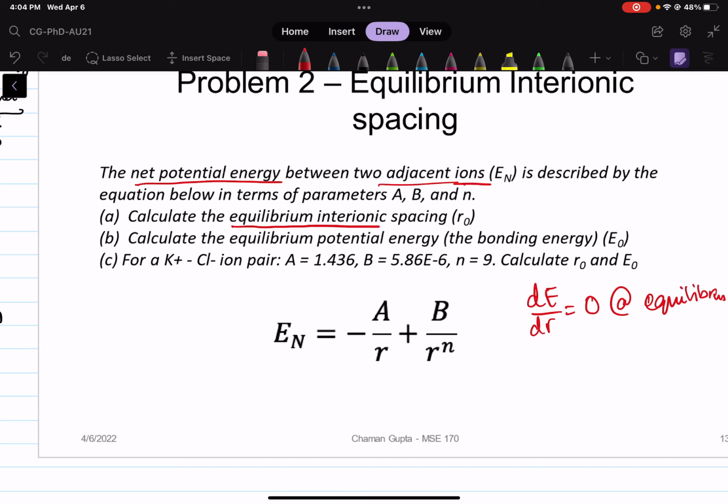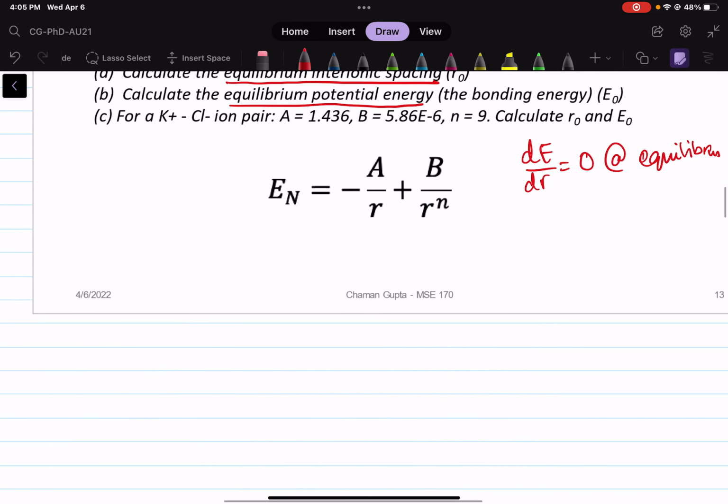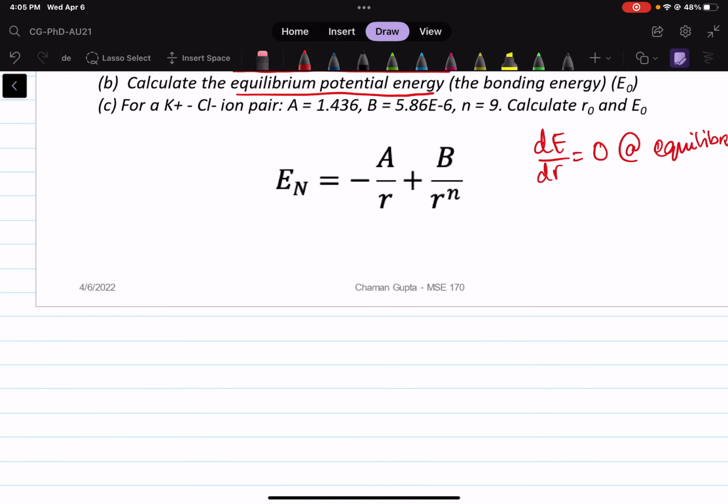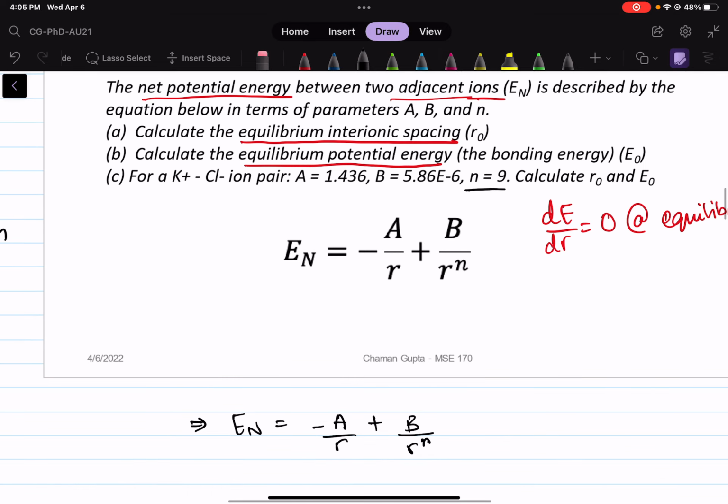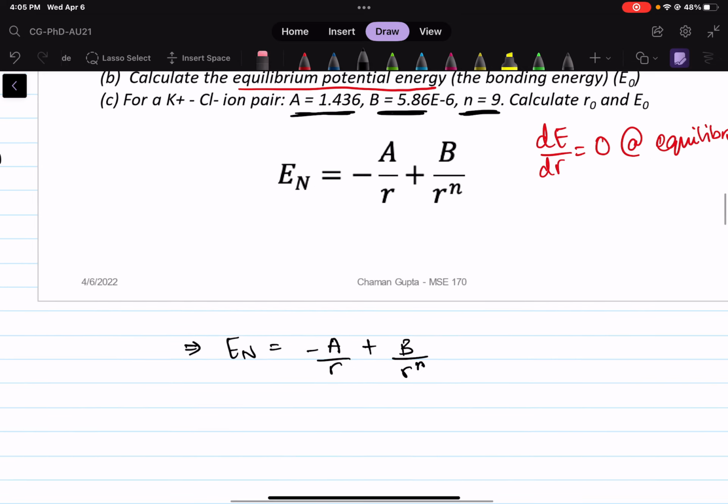You have to calculate the equilibrium interatomic spacing and then calculate the equilibrium potential energy. So with this expression, you can write En equals to minus A over R plus B over R to the power N. And again, here N is the order which is given to you as 9, A constant is given to you, and B constant is given to you.